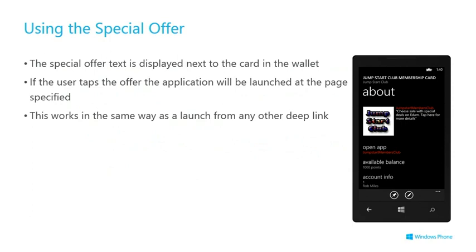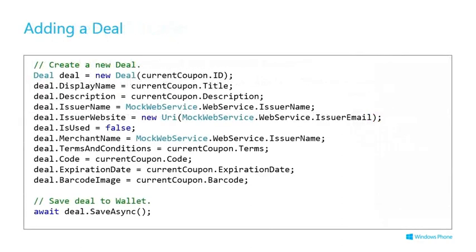Let's see what that deal looks like, basically in code. So adding a deal: you have special offers and you have deals. A deal is another bit of stuff you can offer to your user. There are lots of fields to fill in, and lots of ways you can interact with it. I like the barcode image thing.